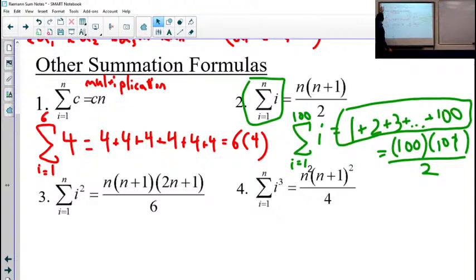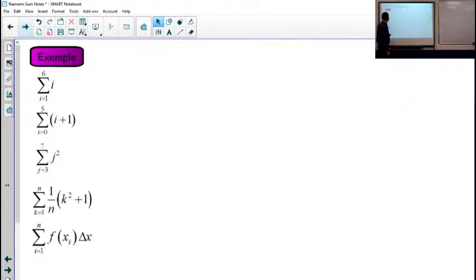So for example, let's take some sums. And we'll just do the first three here. That's what we'll focus on today.